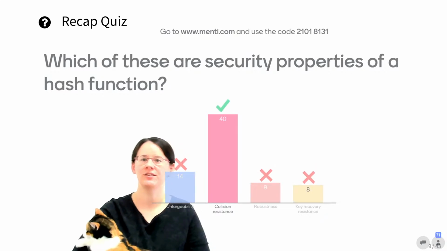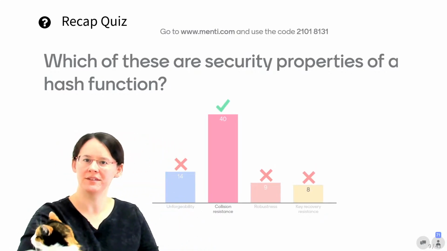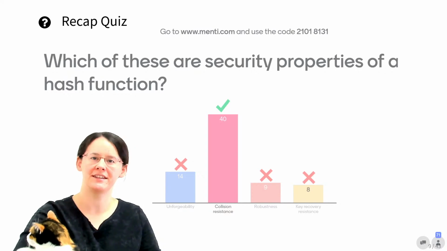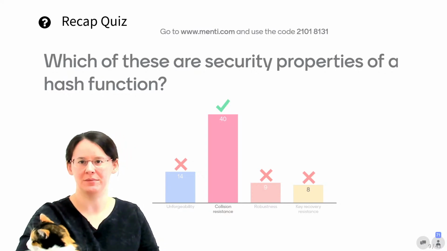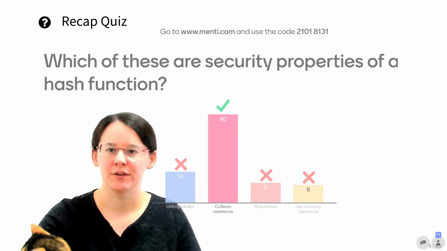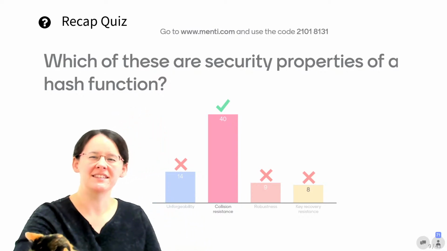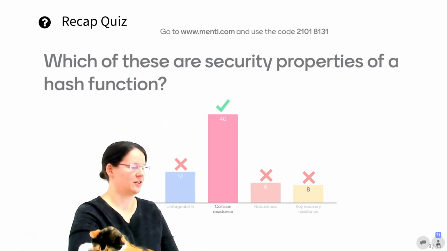Yes, indeed, it's collision resistance. So the other two that would be correct, but that are not listed here, are pre-image and second pre-image resistance. For those who clicked unforgeability, this is the security property of a MAC, not of a hash function.